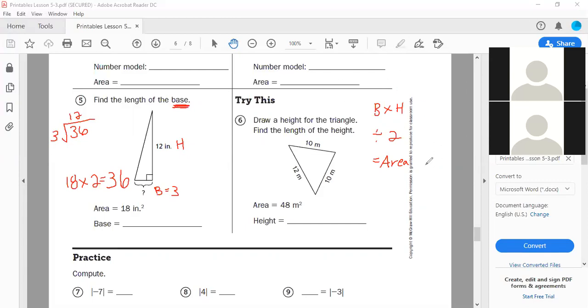This time we had to do area, and instead of divide by 2, we have to go backwards, so we had to do times 2, and then once we did that, we have base times height. So now we need to divide. This one's times, this one is divide. So now this time we have to divide, which would be giving us what? Our big area number divided by our height. Okay? Because we had to do it backwards this time.